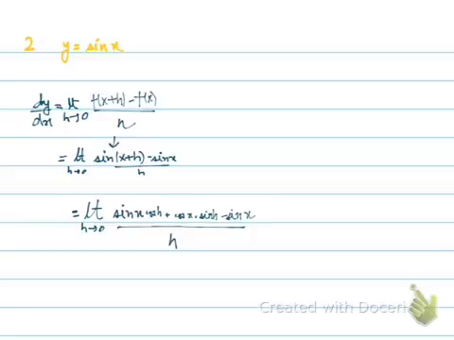Now let us take sin x common, and we divide it into two parts. The first one being limit h tends to 0, sin x is common, cos h minus 1 over h.